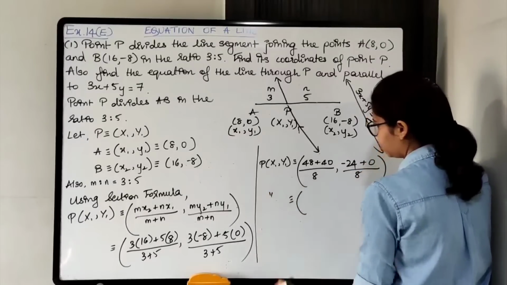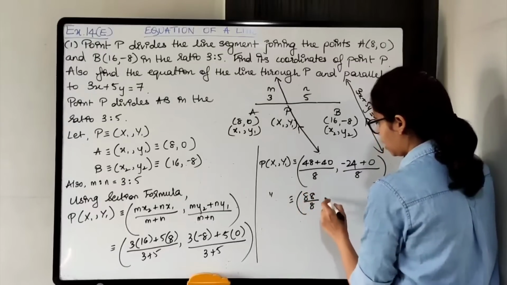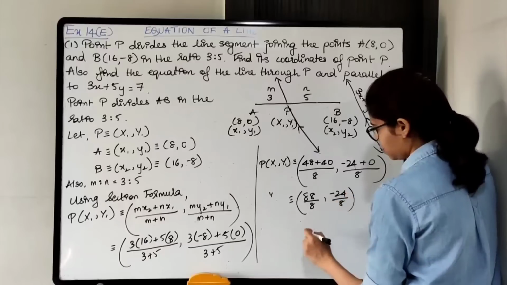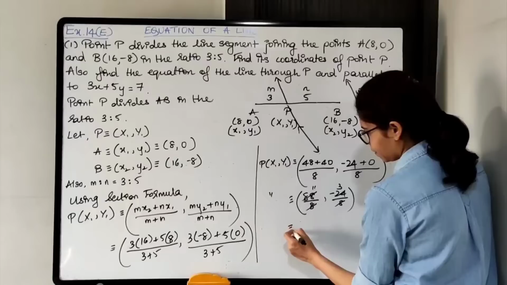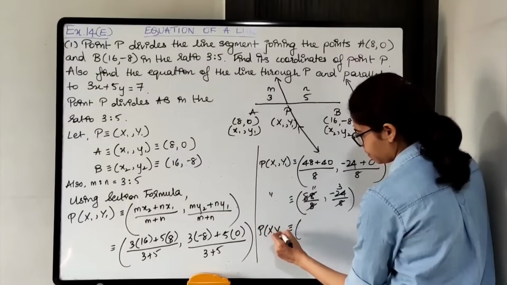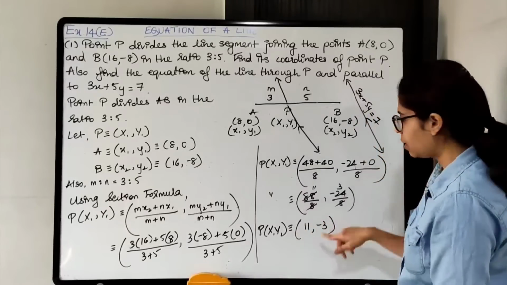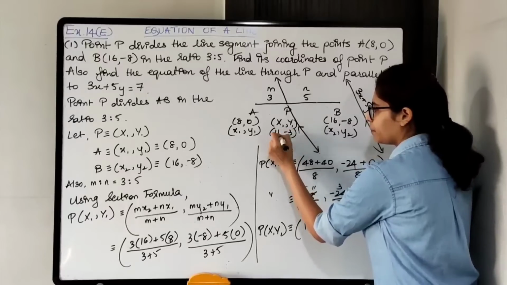So same thing over here. This will give 88 upon 8 and here minus 24 upon 8. 8 11s are 88, 8 3s are 24. So P(x1, y1) we are getting as 11 comma minus 3. P का coordinates मिल गया 11 comma minus 3.